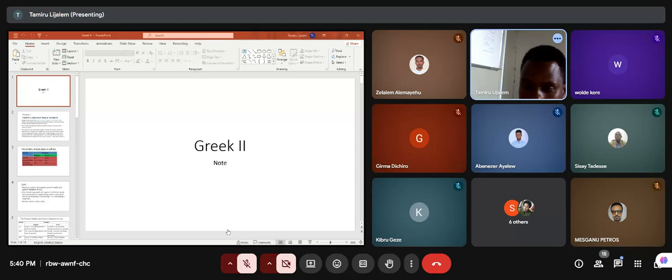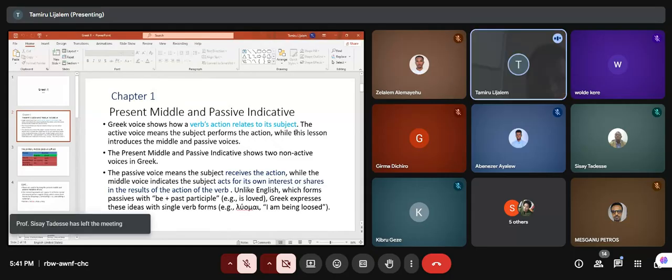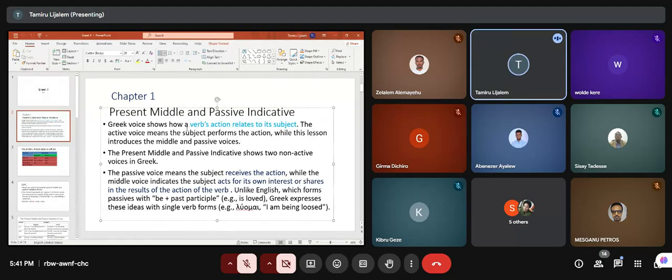Present middle and passive indicative. Greek voice shows how a verb action relates to its subject. We have three voices: active, middle, and passive.